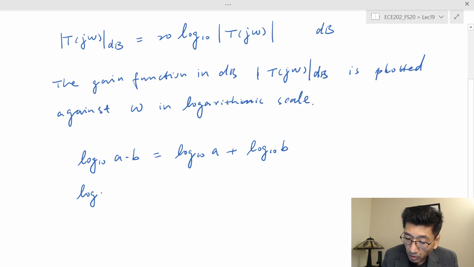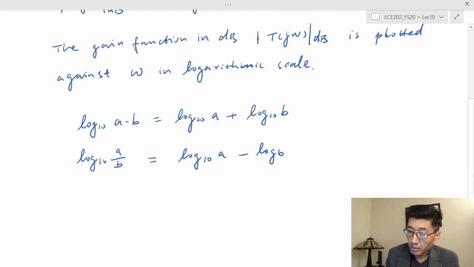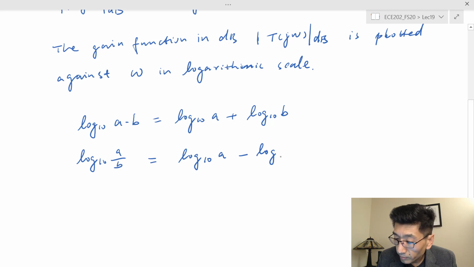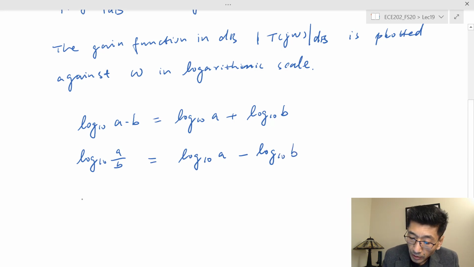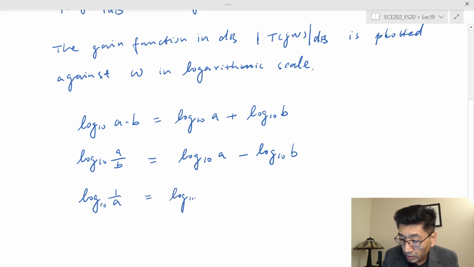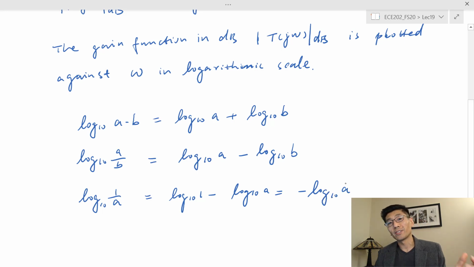And if you have log A over B, then you have log A minus log B, right? And if you have log 1 over A, that's going to be equal to log 1 minus log A, which is equal to negative log A. I just want to put this information here in case you forgot. Okay, so this is about the gain plot.